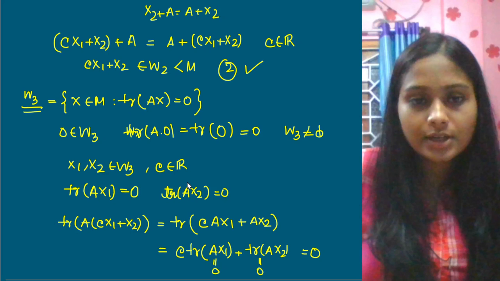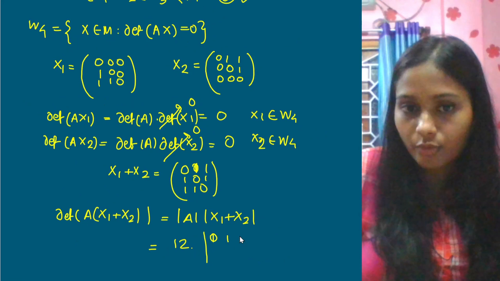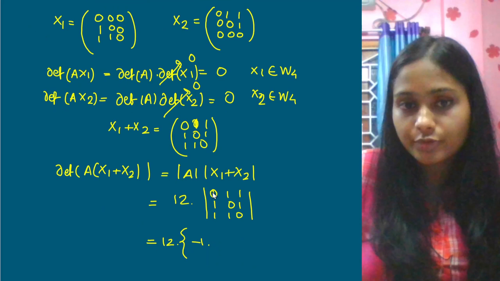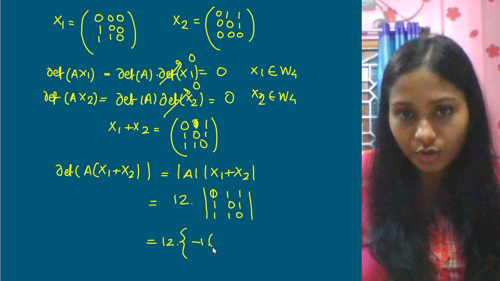So this is 12 and determinant of 0, 1, 1, 1, 0, 1, 1, 1, 0. Okay. So 12 into, what is this? Minus 1 into, if we delete this row and this column, that will be 0 minus 1, plus 1 into 1 minus 0.